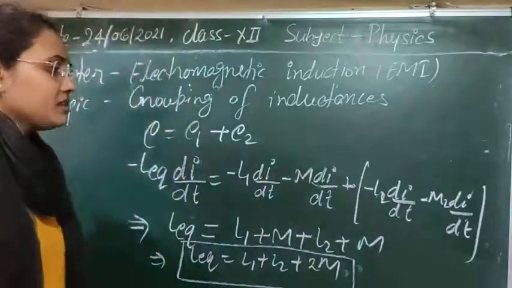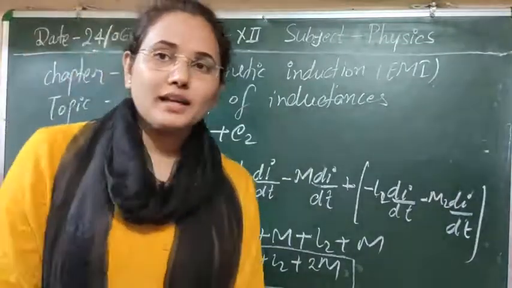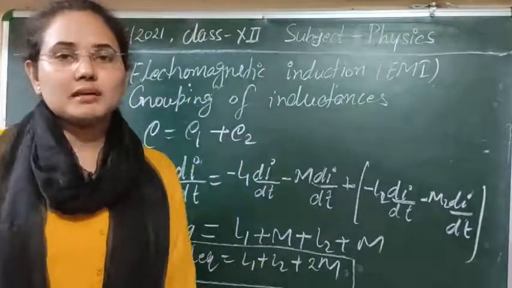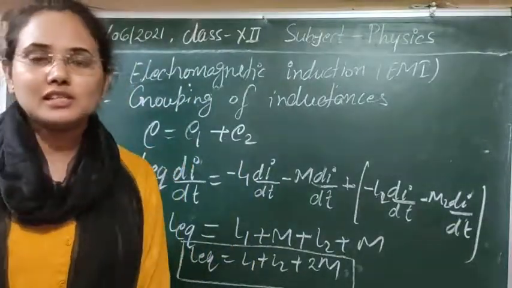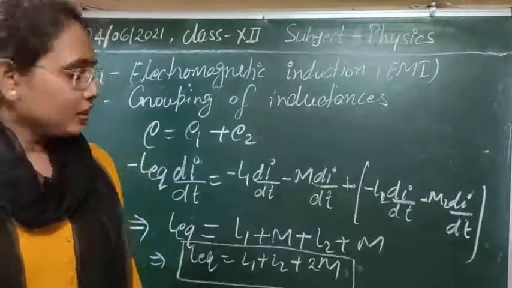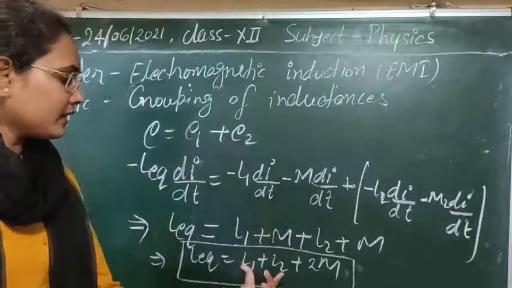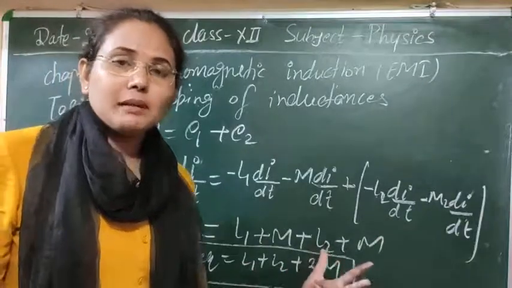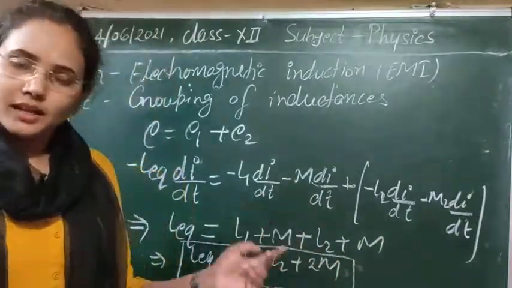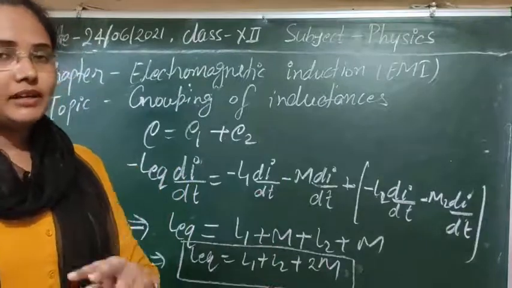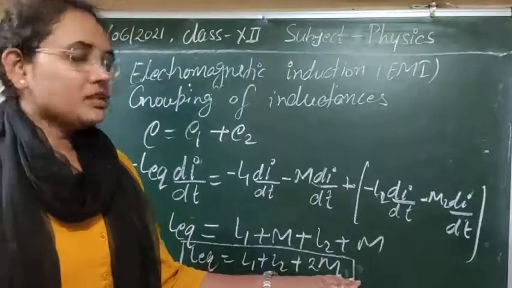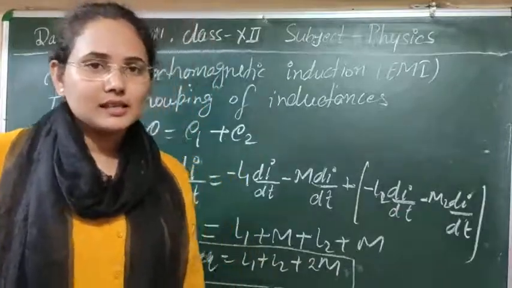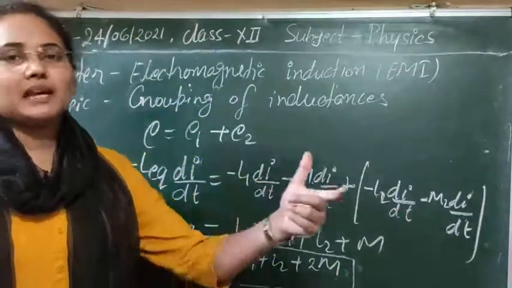If we join two inductors in series, they behave in the same manner as we got for resistive combinations: the inductances are added up, and if mutual inductance is present between them, it adds as well. If it is not present, then M will be 0. Suppose the coils are at a sufficiently large distance and joined by some wire.